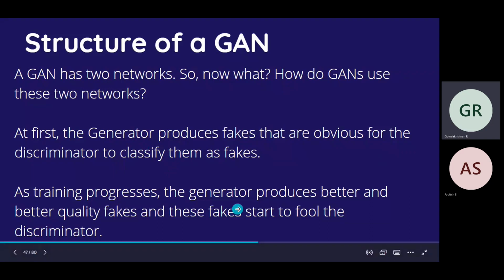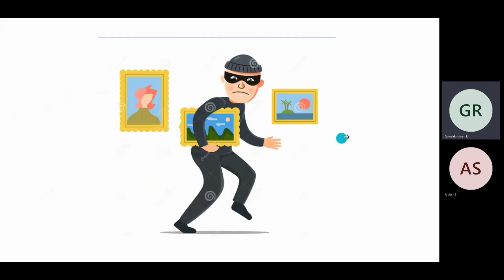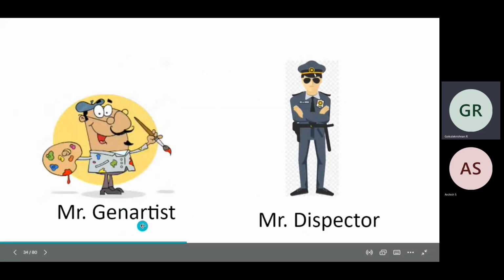As training progresses, the artist becomes better and better, the quality of the fakes increases, and the fakes start to fool the discriminator. I forgot to mention: if it's not obvious enough, the name is a combination of generator plus artist, and this name is a combination of discriminator plus inspector.